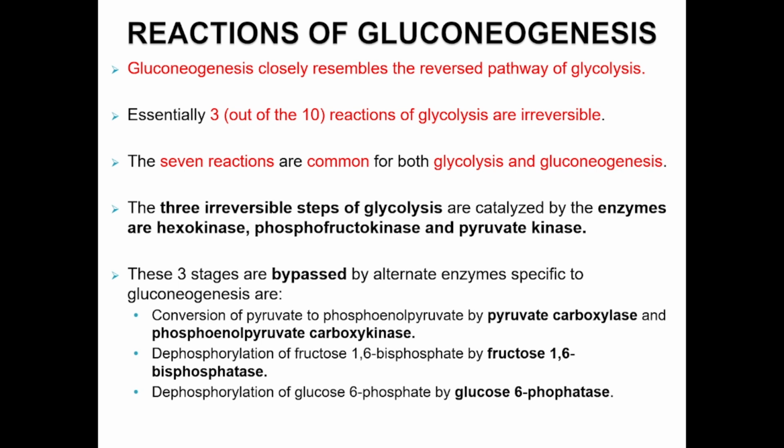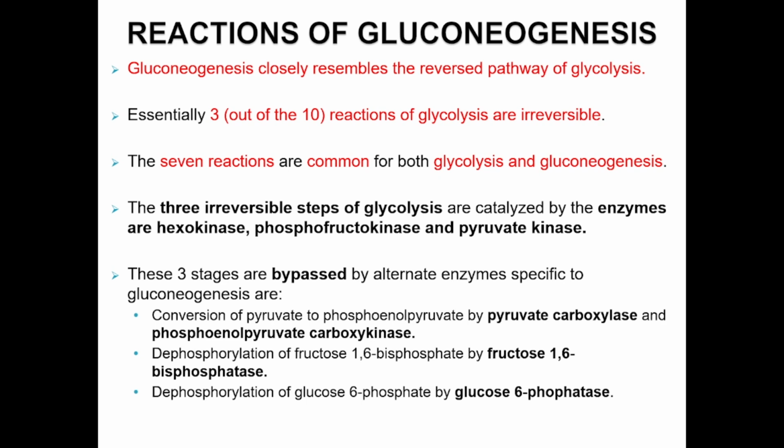This is the only tricky part, because for the second one, you want to convert fructose 1,6-bisphosphate to fructose 6-phosphate. Usually, if you want to remove phosphate, the enzyme name is phosphatase, because you are removing phosphate. So here this will be fructose 1,6-bisphosphatase.